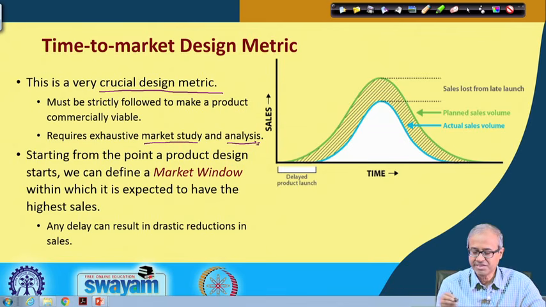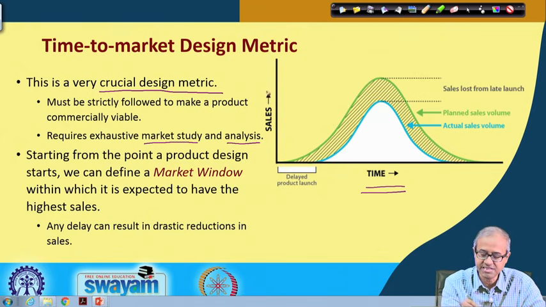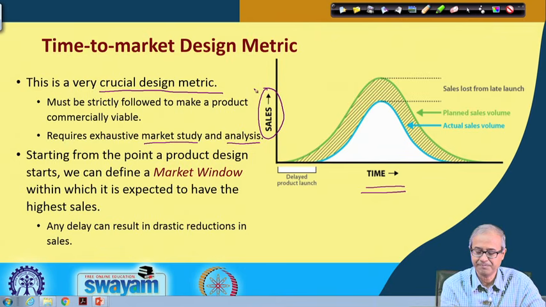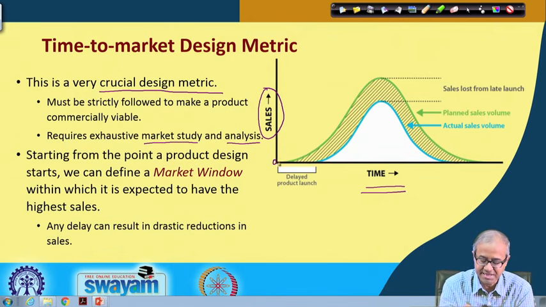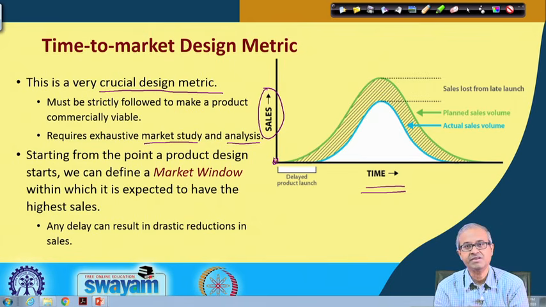Now, we are illustrating this with a diagram like this, as I showed here. Here the x axis shows the time and the y axis shows the sales. Typically, suppose your origin indicates the point where you were expected to bring the product in the market. So, what happens when a product comes to the market?